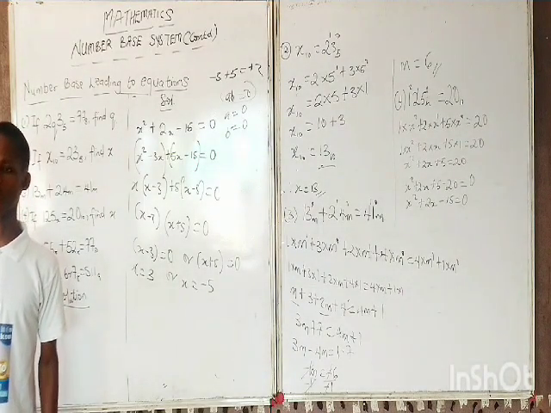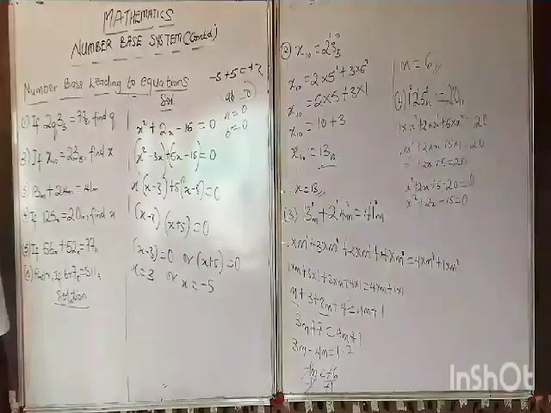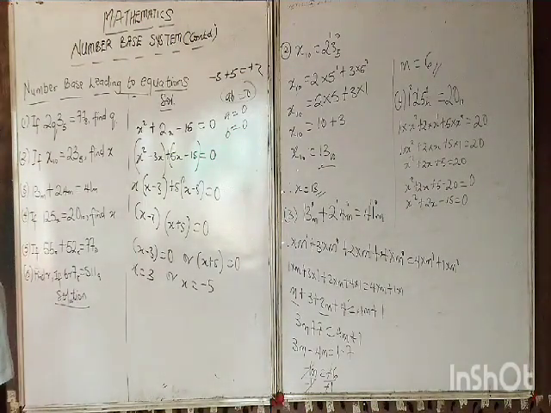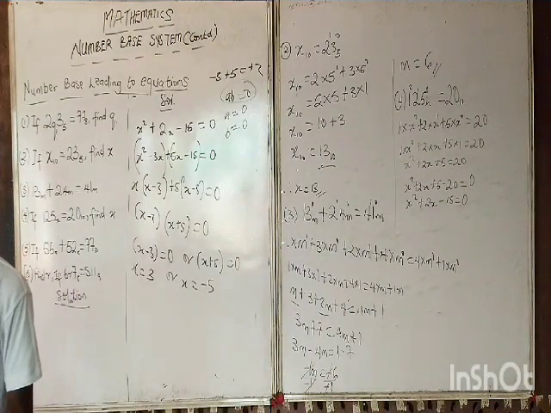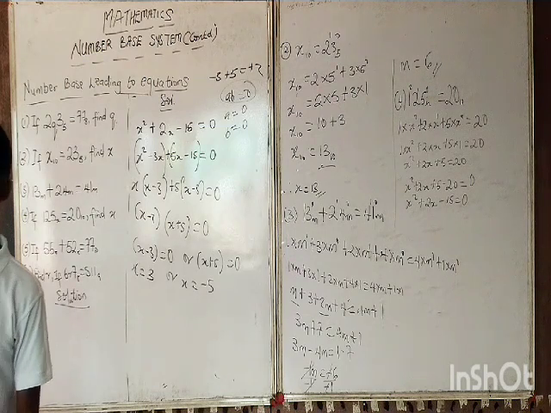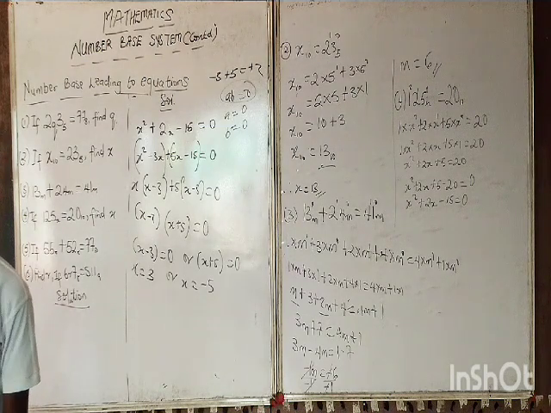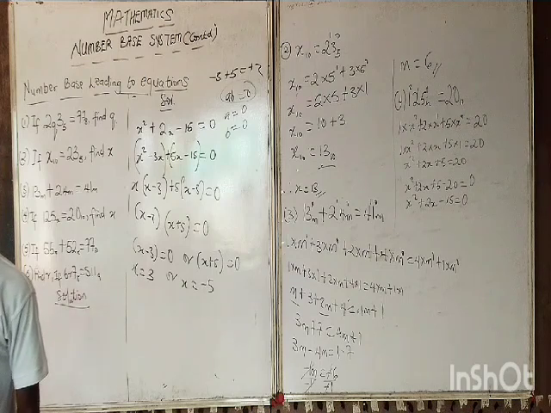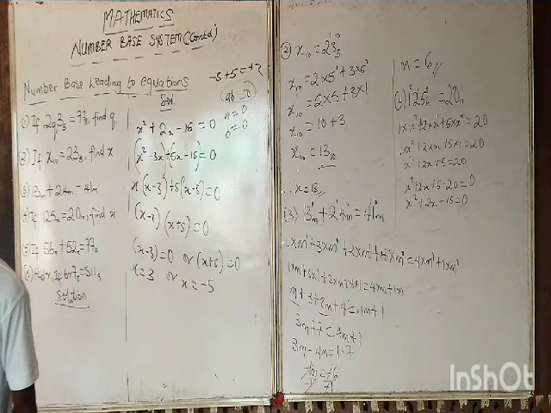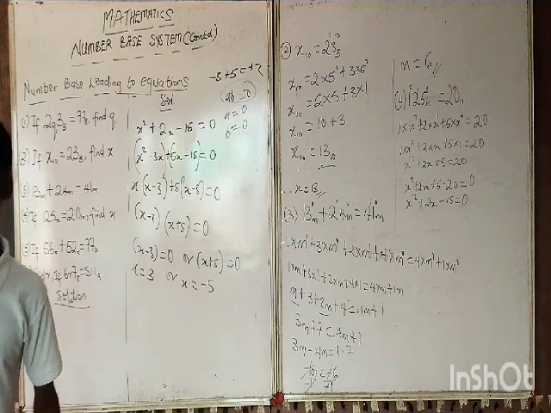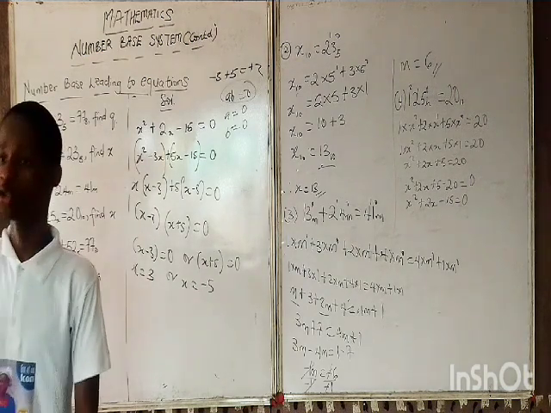For you to know the one that is correct, this simple trick will give you the answer. What you need to know is that the base of a number can never be negative. In a number base system, you can never have a base that is negative.